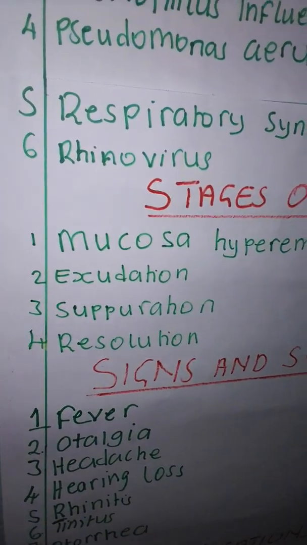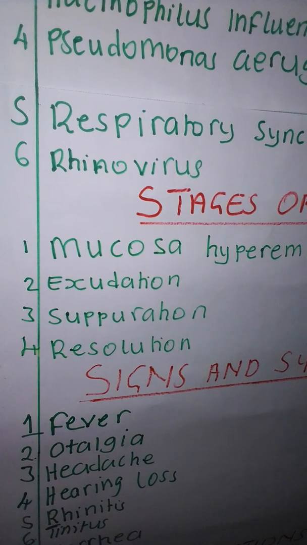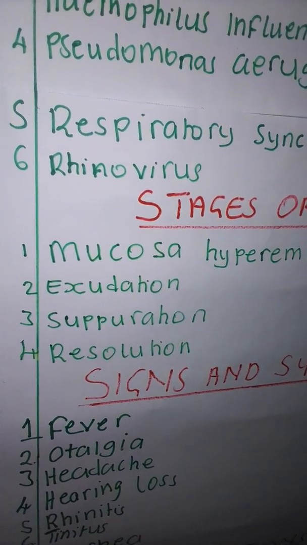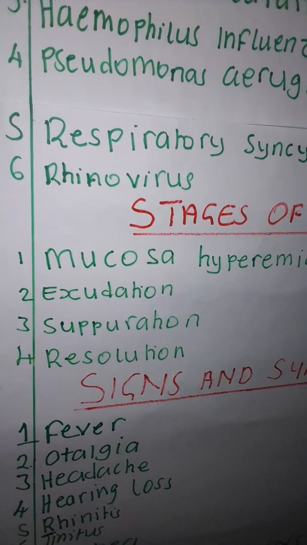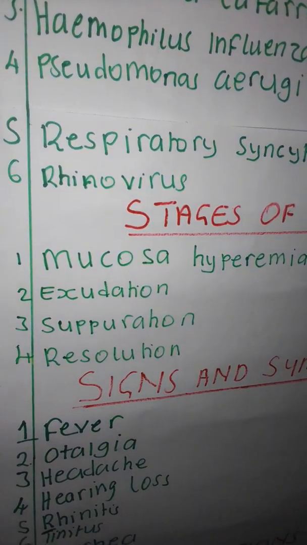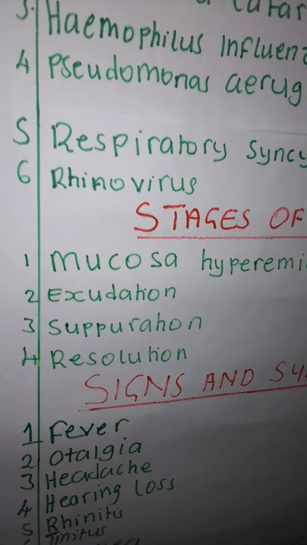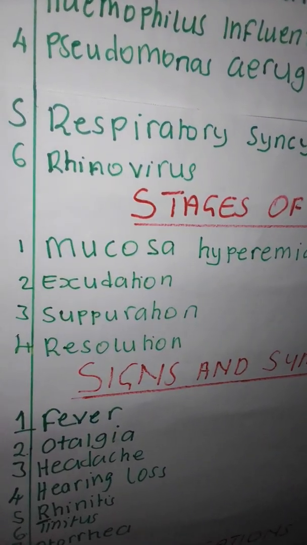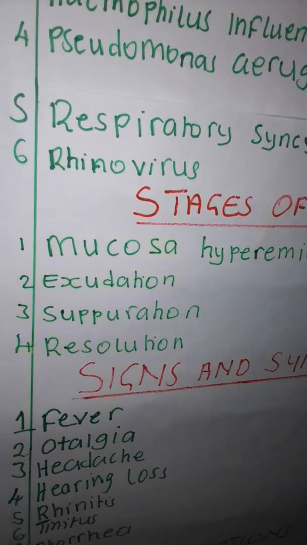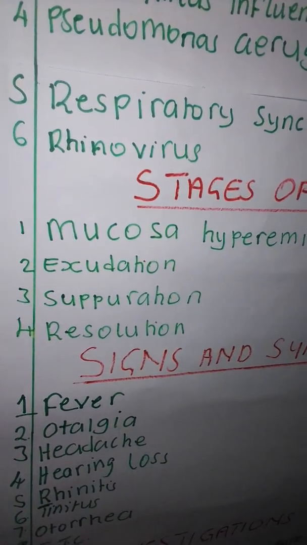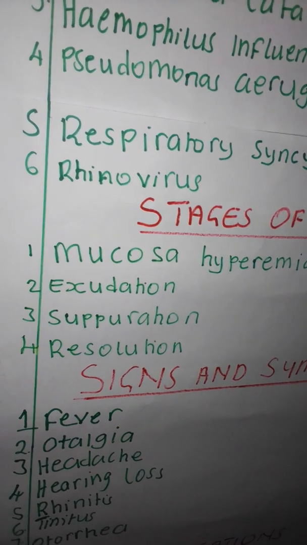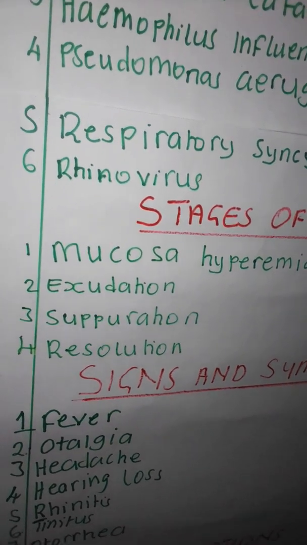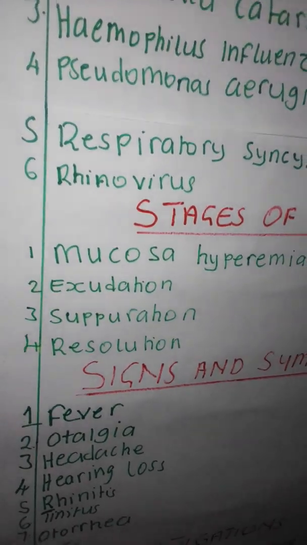At this point, the tympanic membrane ruptures and a pyogenic bacterial exudative infection is present in the middle ear mucosa. The fourth is resolution, where some treated cases begin to resolve spontaneously.